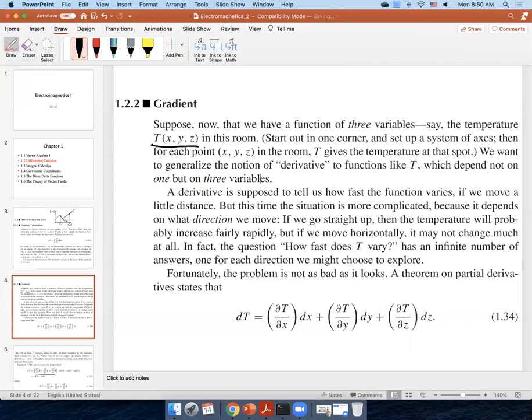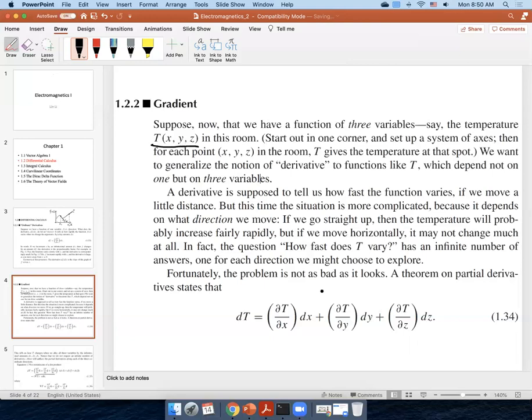And then in the three-dimensional function, the derivative is a little bit more complicated. So here, the problem actually is not as bad as it looks. The theorem on partial derivatives describes how to calculate the derivative.